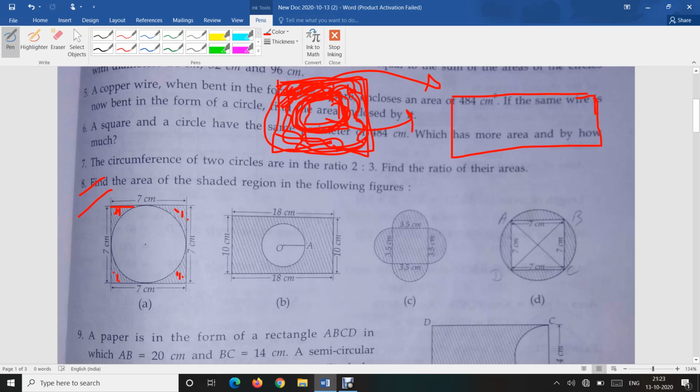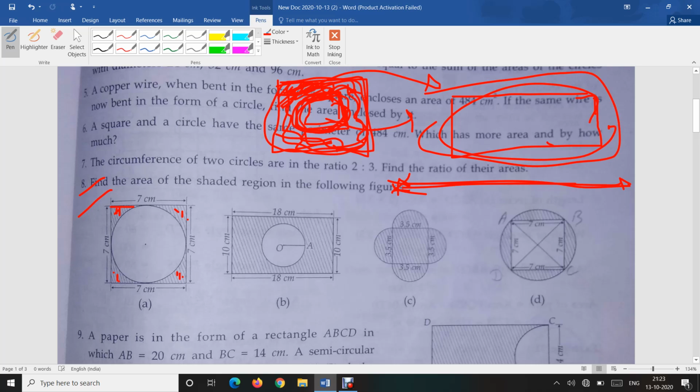The length of the pen cover is this, but the length of the pen is this. Can this pen be fitted in this pen cover? No, because the pen is bigger and the cover is smaller.